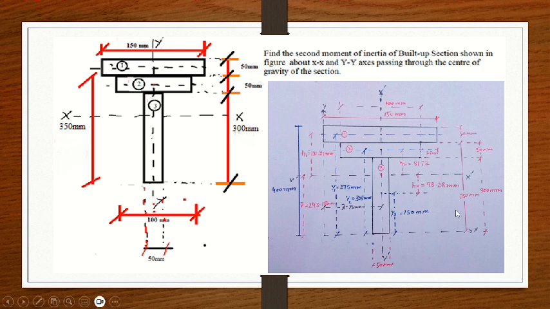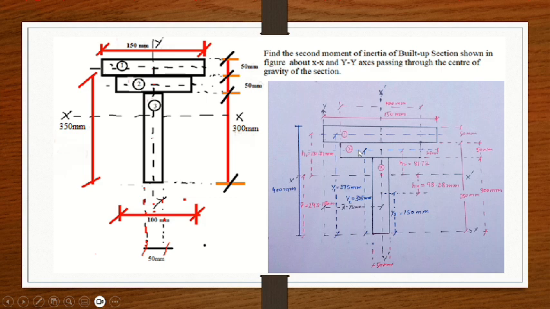And after that we calculate h1, h2 and h3. What is the distance h1? The distance from the centroidal axis to the figure 1 local axis is called h1, that distance.